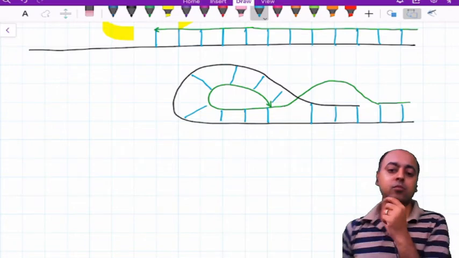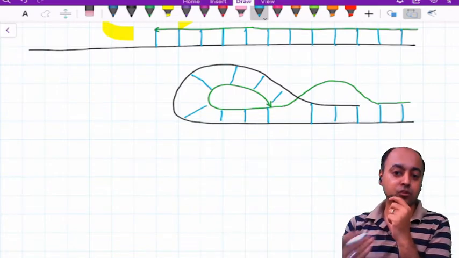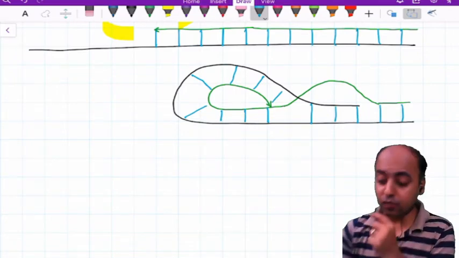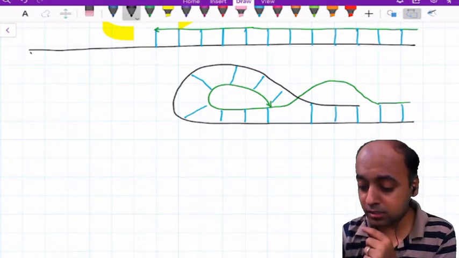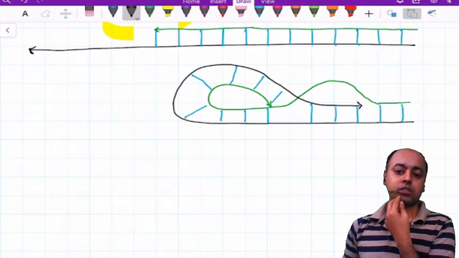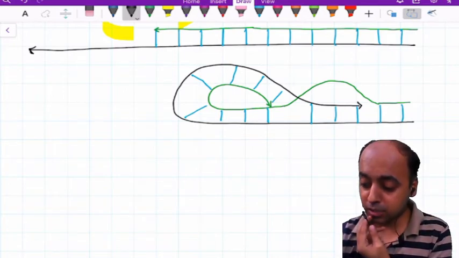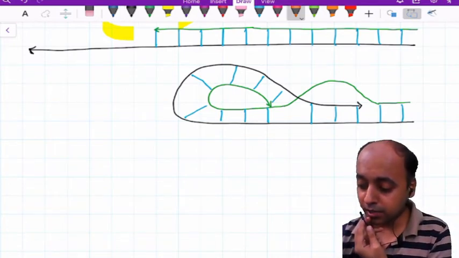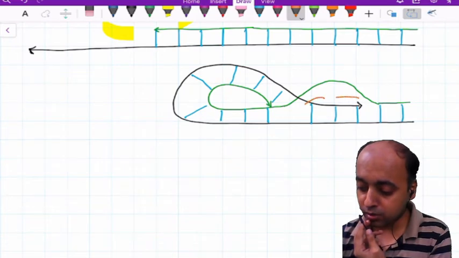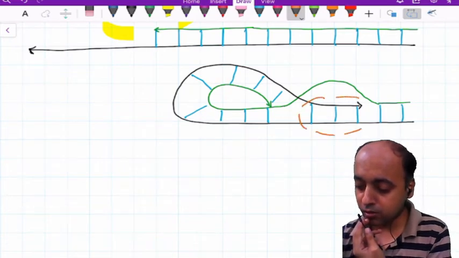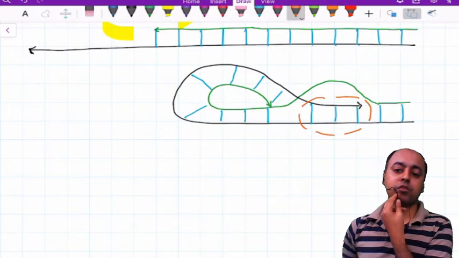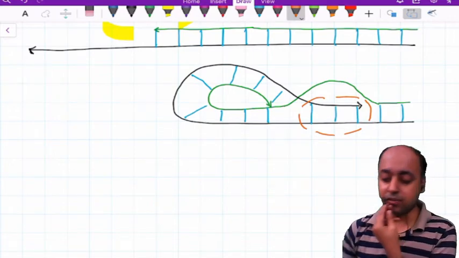It has the hydrogen bond with the original segment also, and is able to form the hydrogen bond with itself also because it is self-complementary. This is what I mean by self-complementary. It is able to form the hydrogen bond with itself.